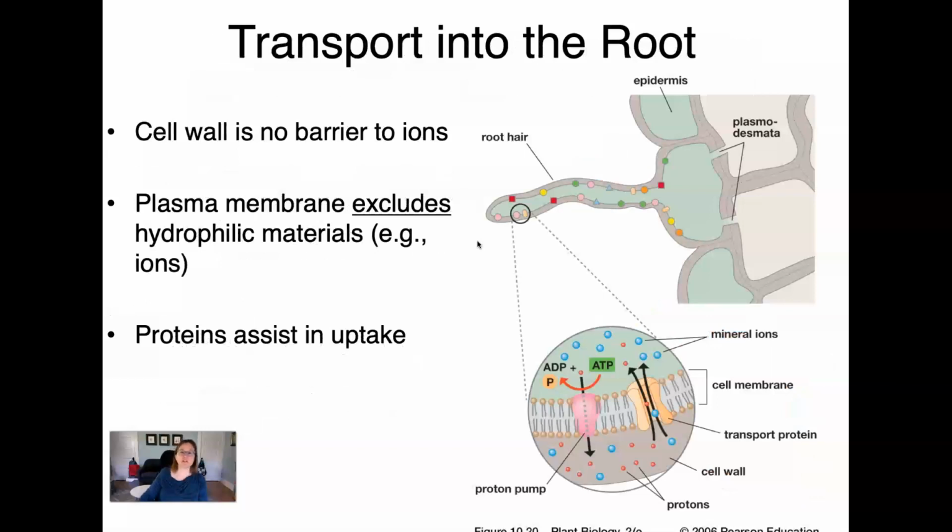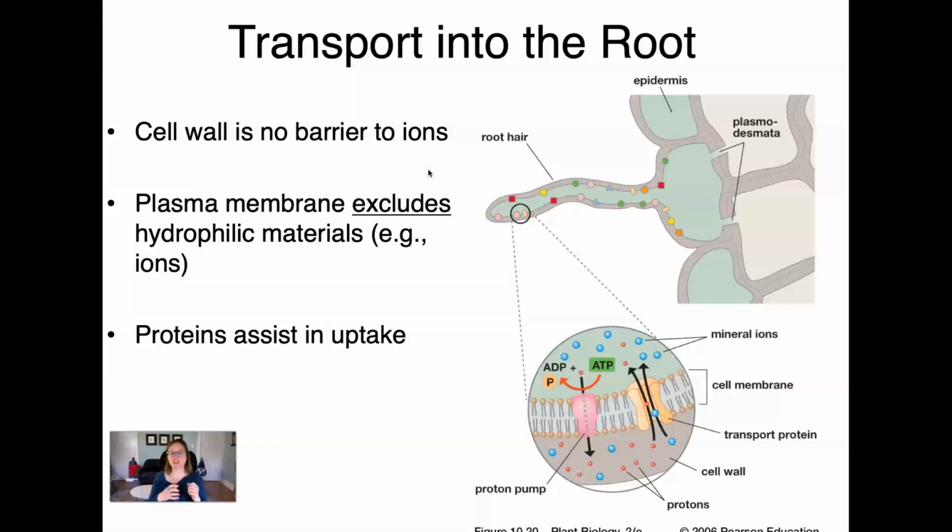Okay, so it turns out that the cell wall itself is not a barrier to ionic movement into the plant. So the cell wall, made of mostly cellulose, is permeable to ions. On the other hand, the plasma membrane tends to exclude hydrophilic materials like ions because the plasma membrane is primarily made of lipids.